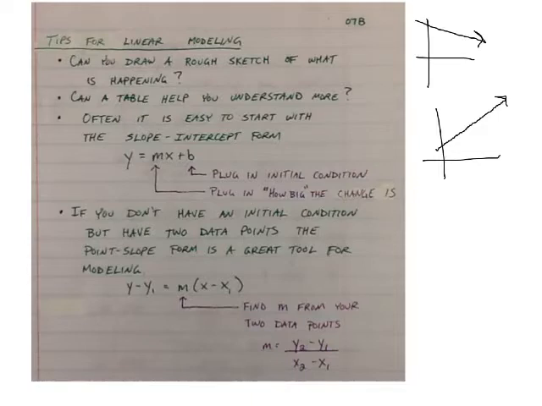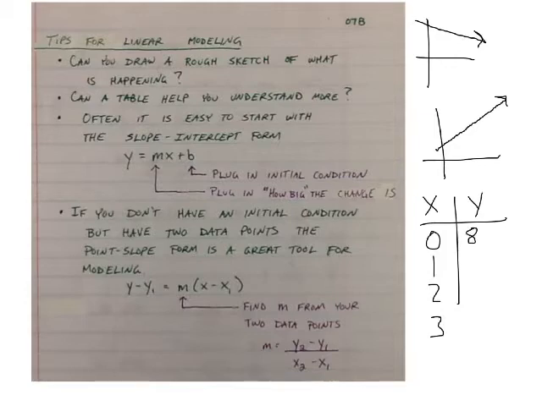Can you make a table to help you understand? So we just create x, y, and I input my values, and I know that I started at $8 an hour, and then the next time I was at $10 an hour, next time I was at $12 an hour, next time I was at $14 an hour. So creating a table can help you possibly understand what's going on.